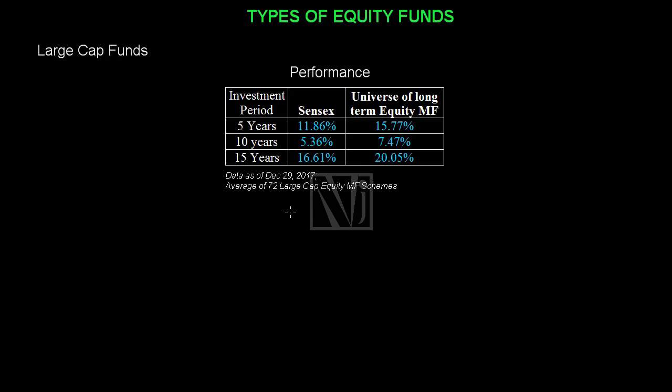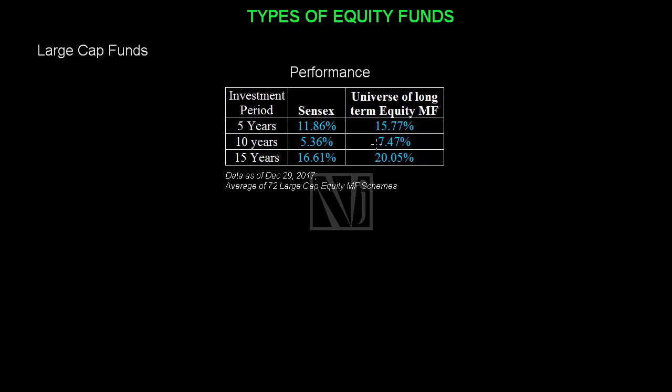Now let's look at the performance stats of large cap equity mutual funds over the years. Although the different large cap funds will have different benchmarks, yet, to bring parity and simplicity, we'll compare them against the Sensex, which is a standard index for blue chips. These are the 5-year, 10-year and 15-year returns of these funds.